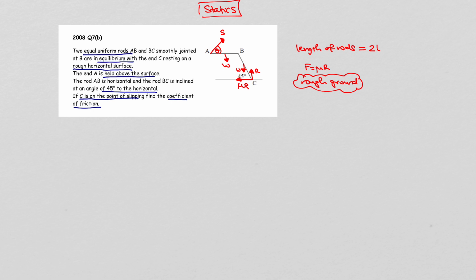So because we have two rods here together, we're going to take our clockwise moments and our anticlockwise moments, and I'm going to take it for the system first, and I'm going to take my fulcrum to be at A. So I'm going to mark my fulcrum on my diagram.